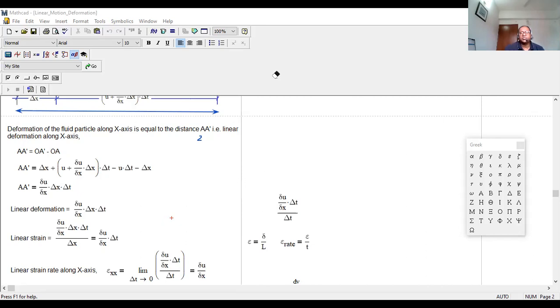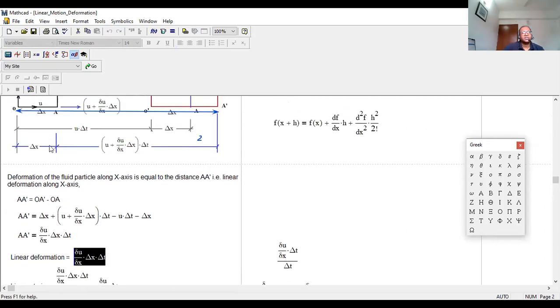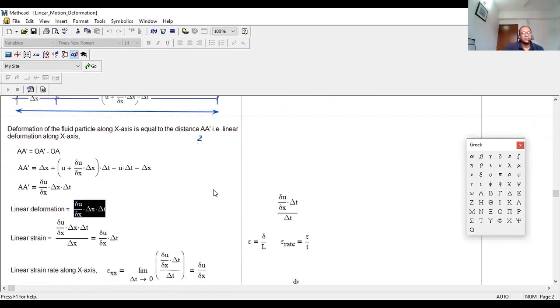Strain equals delta L by L. So how much did the length increase? This much, divided by the original length along the x-axis, which was del x. So this is the deformation divided by the original length, and you get this one, del u by del x into delta t.